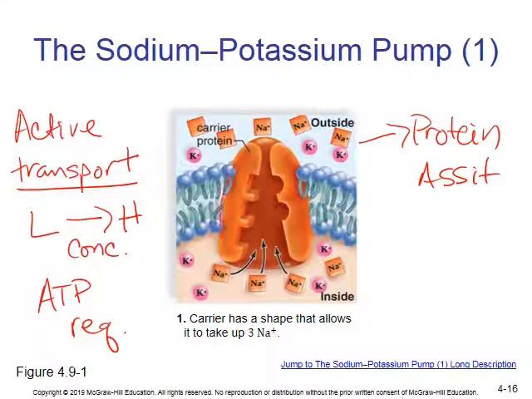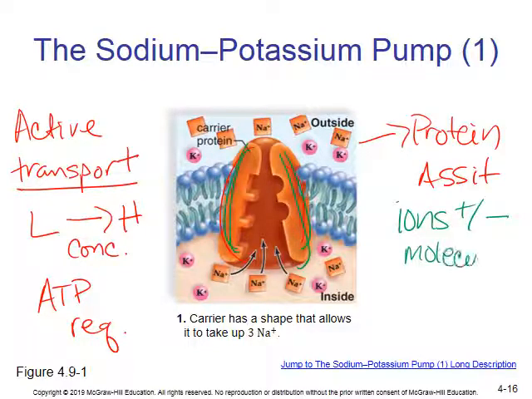So you're going to have a protein. We change colors. You're going to have a protein here, and you're going to take these ions. So this is how you move ions or charged molecules. And you're moving them against the current from low to high. Sometimes I say this is like swimming upstream. You've got to put a lot of energy in to go against the current.